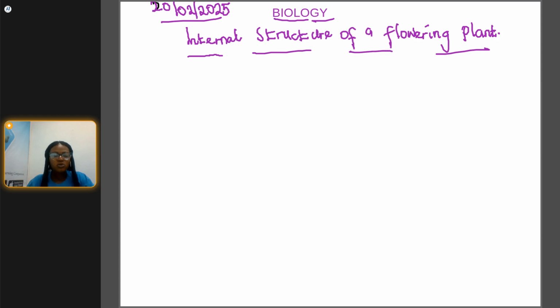Then we moved to securing mates in agama lizards and birds, whereby we looked at the way they secure mates using their color change, their head bobbing and push-ups, territorial behavior, female selection. Then we moved to feather displays in birds. So we are done with adaptation. We also looked at some past questions under the topic.